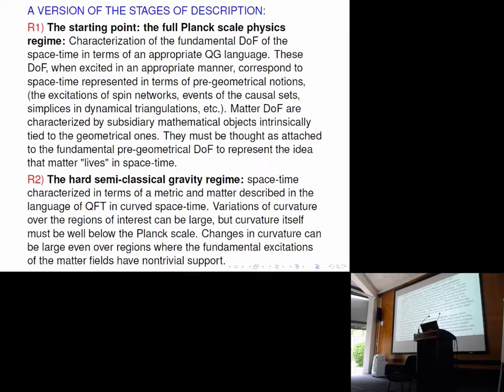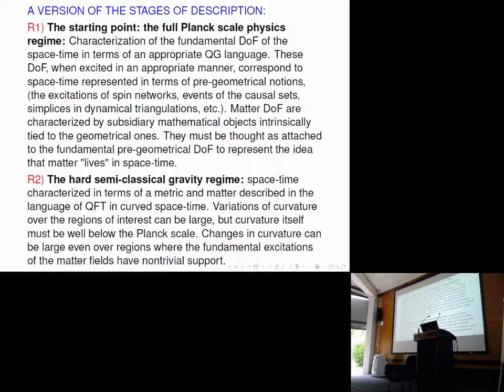Yeah. Now, I would like to know a little bit more about that because that seems a little bit generic. If that means that every fundamental theory has to recover at a certain level this picture of matter living in space-time, then every empirically adequate fundamental theory will fulfill your requirement. That will be trivial.